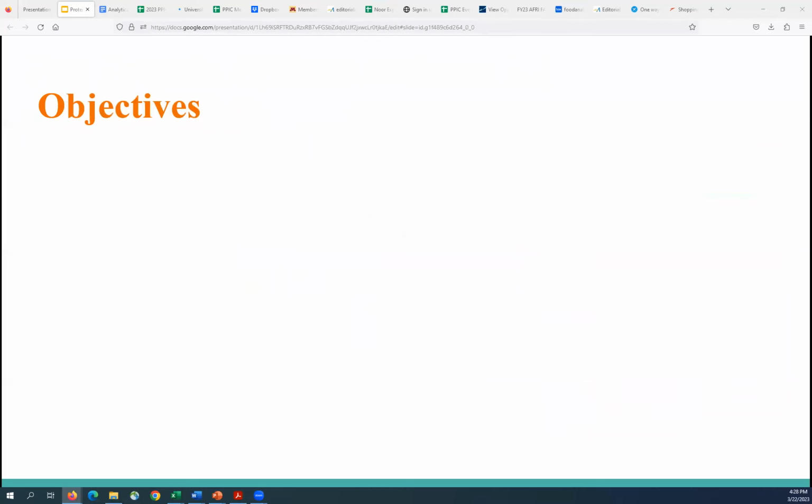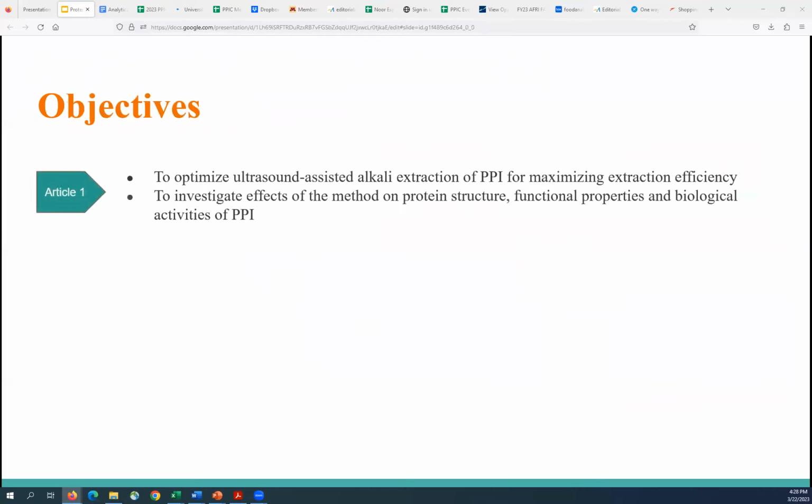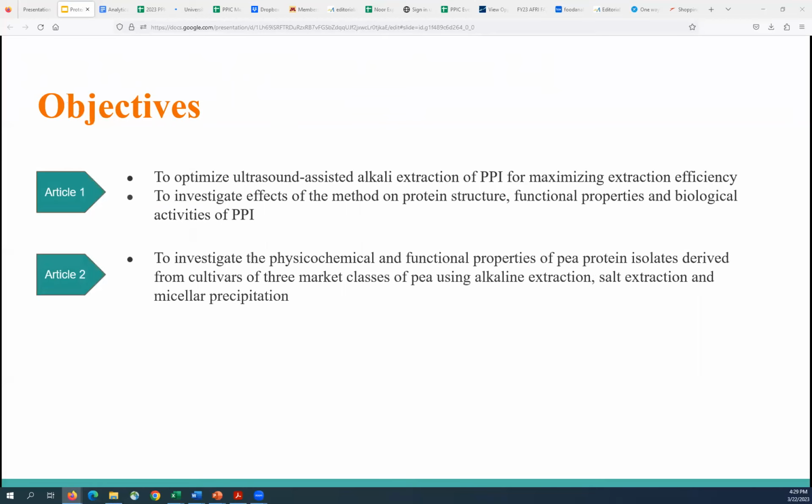Talking about objectives of each paper, Article 1 is to optimize the ultrasound-assisted alkaline extraction of pea protein isolate for maximizing the extraction efficiency, and also to investigate the effects of the method on protein structure and functional properties. Article 2 is to investigate the structural and functional properties of different pea cultivars using alkaline salt extraction and micellar precipitation.